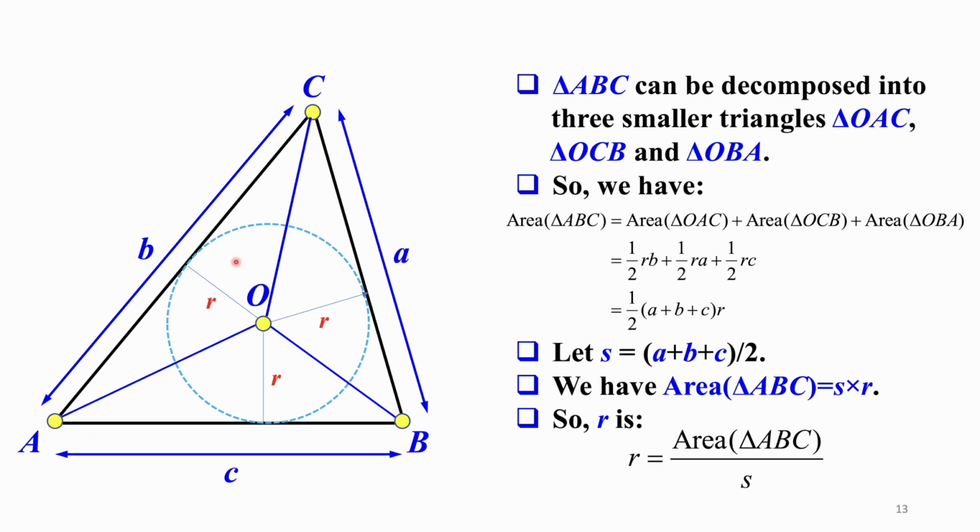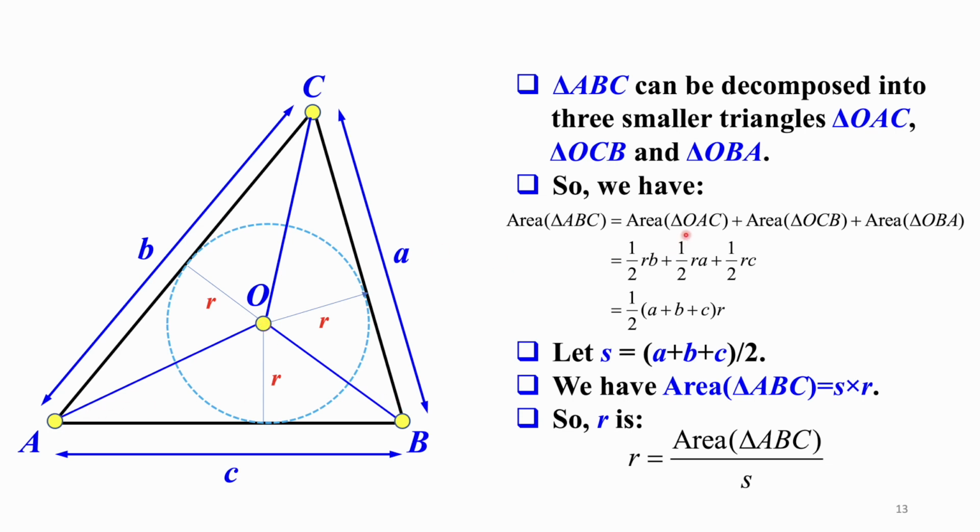The sum of the areas of these three triangles is equal to the area of the given triangle. Therefore, we have the area of triangle ABC is equal to the sum of the area of triangle OAC plus the area of OCB plus the area of OBA.